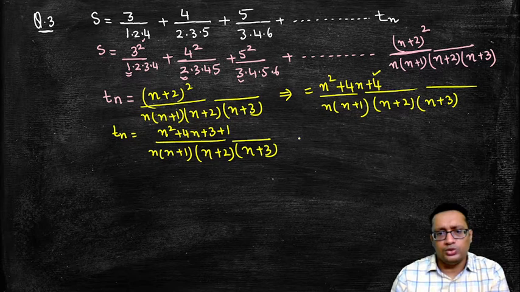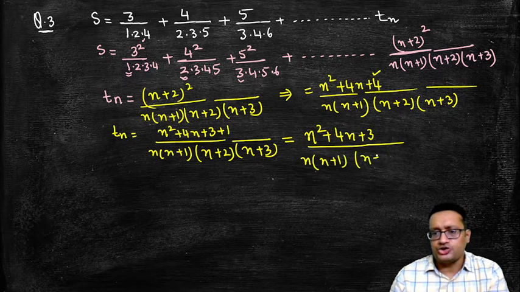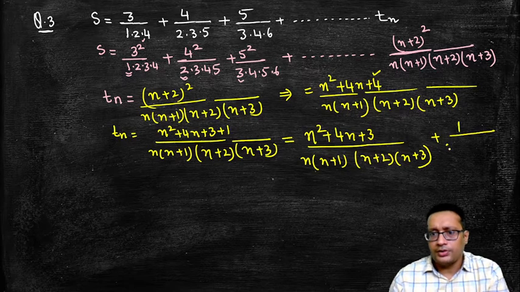Again split into two parts: n square plus 4n plus 3 divided by n, n plus 1, n plus 2, n plus 3, plus 1 upon n, n plus 1, n plus 2 into n plus 3.